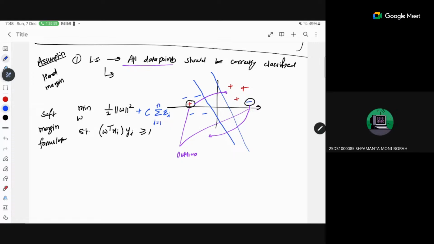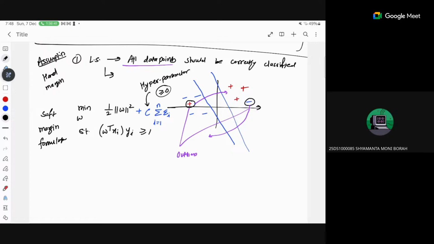This is the hyperparameter. Which parameter is called a hyperparameter? This C is the hyperparameter. In general, hyperparameters are the parameters which are defined by us. They are not the inherent parameters of the formulation. For example, here W is a parameter in the formulation, which can be determined using the training data set.